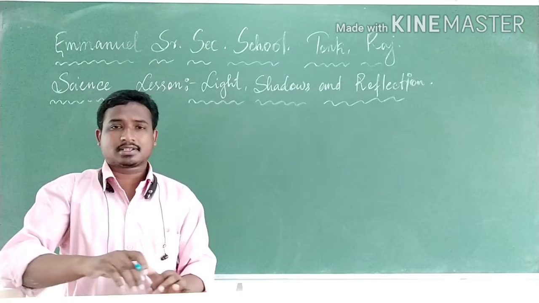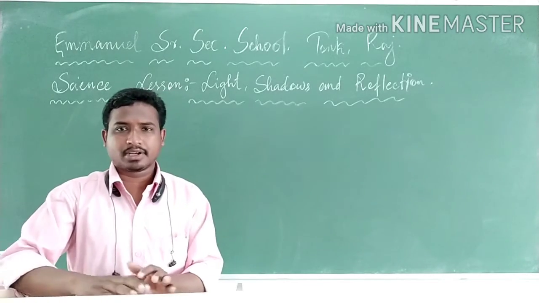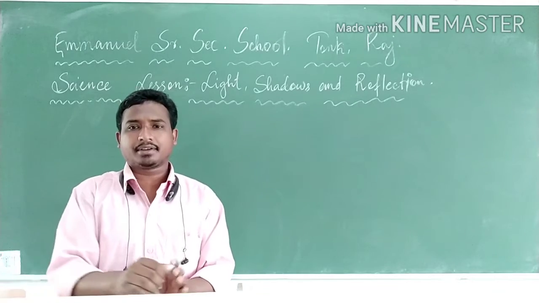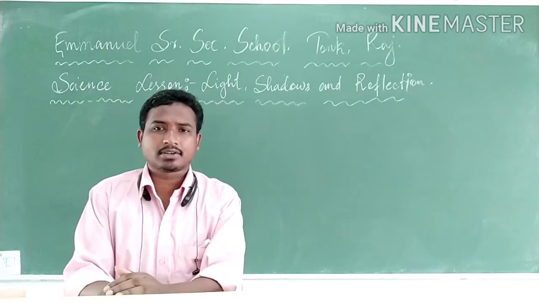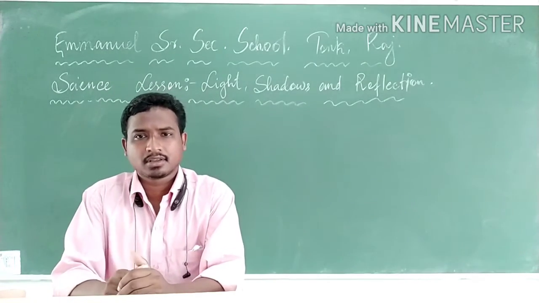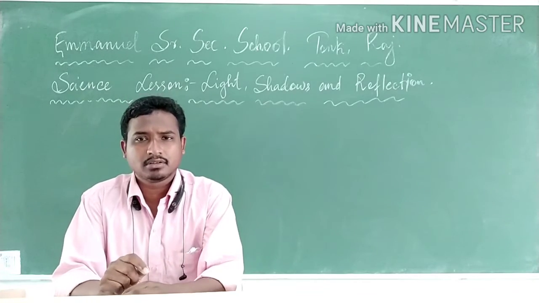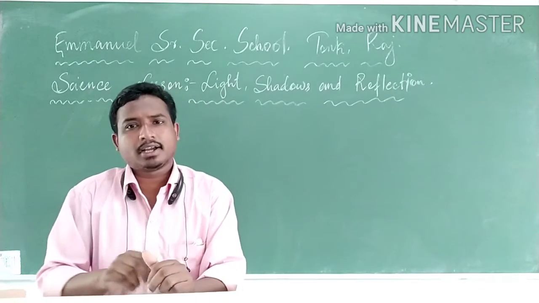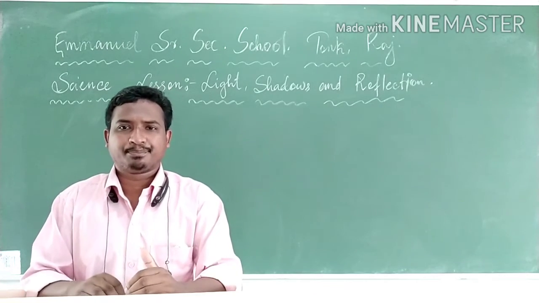So here we discuss the paragraph which we read. We see that when we go to a dark room, we are unable to see anything, but when we take a candle or switch on the light, everything is visible.